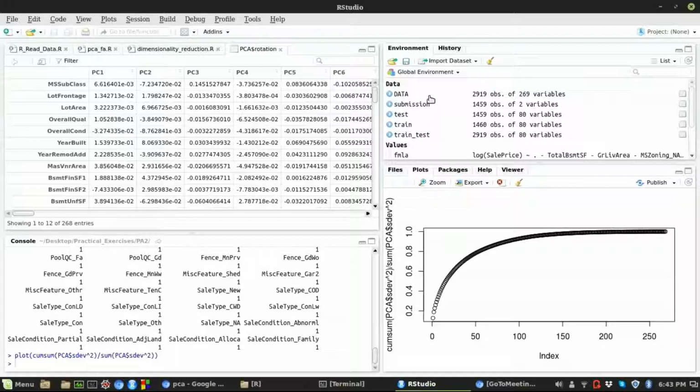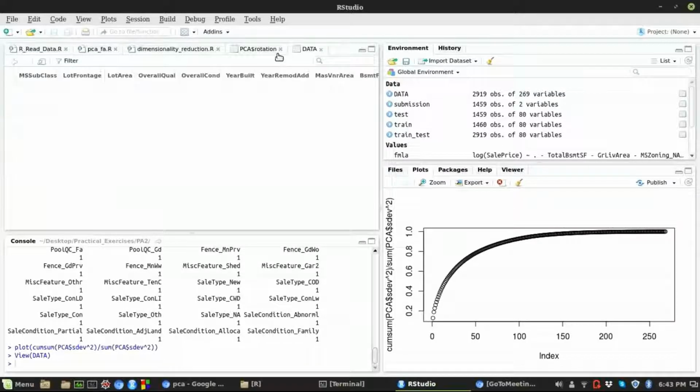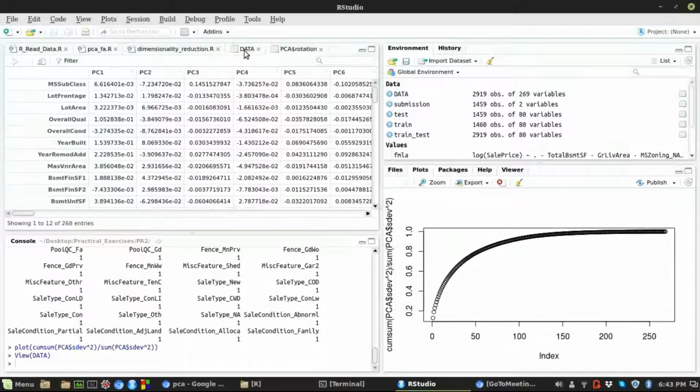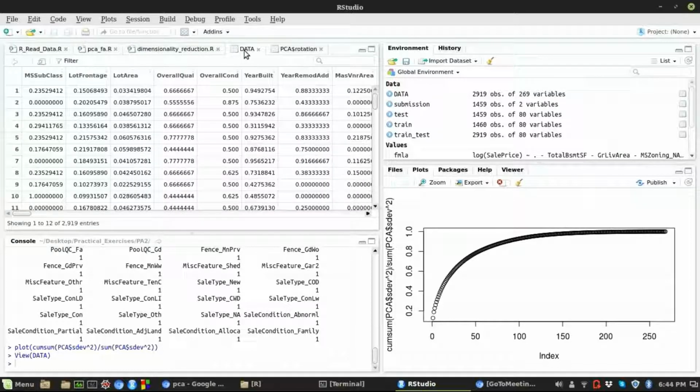So think about this. The original data is MS subclass, lot frontage. Each of these are the columns, right? So take this data. Data multiplied by PCA dollar rotation, in the matrix multiplication sense, will give you PC1, PC2 and all. You see that, right?